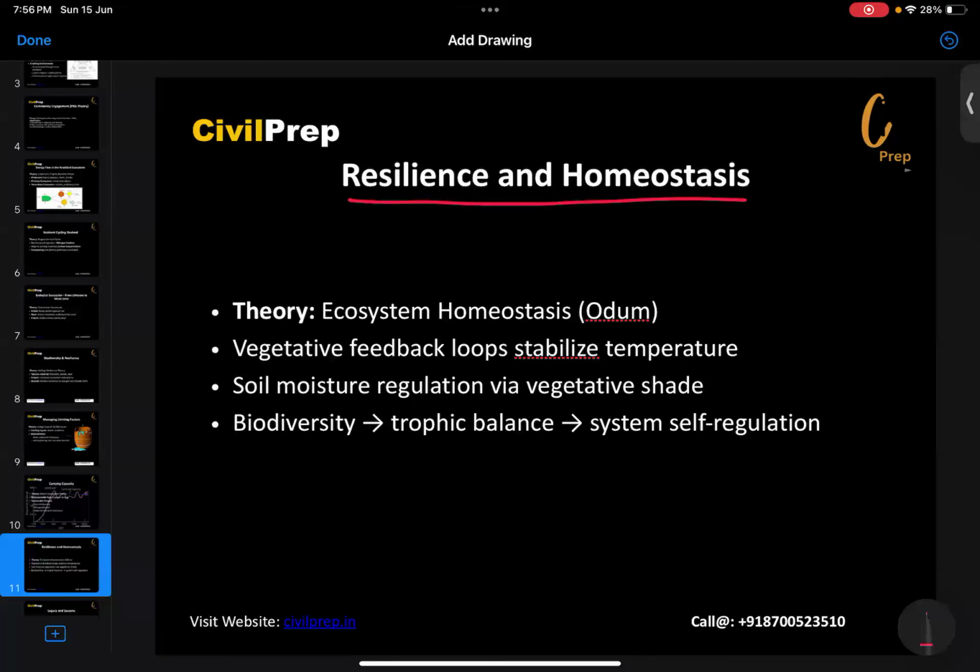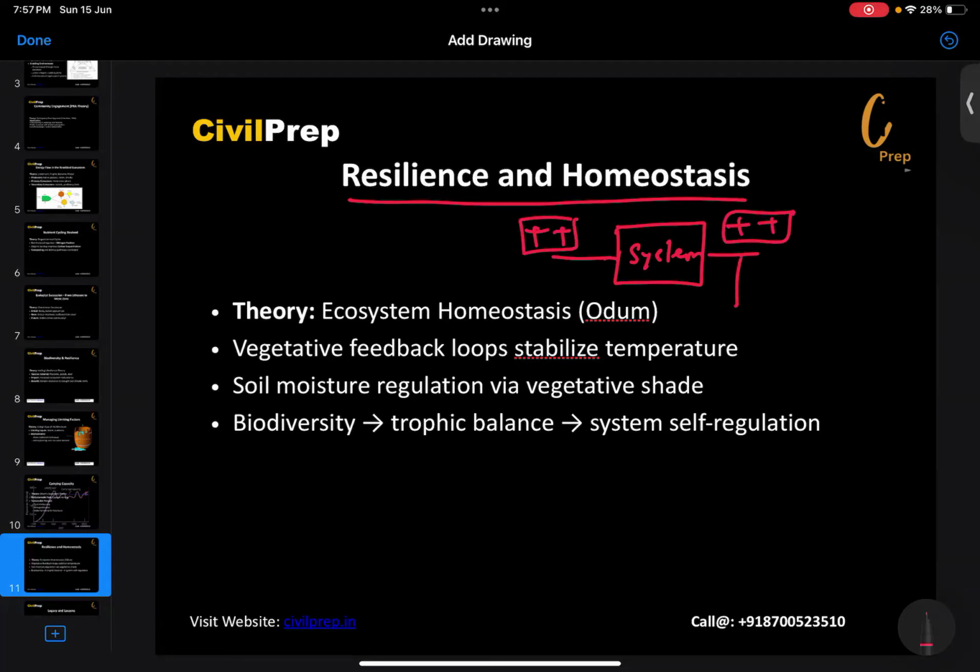Resilience we have seen previously. Homeostasis is a condition where the system, it can be a biodiverse system, a biological system, an atmospheric system, an oceanic system, any kind of system. Whenever a certain change is made in the system, it is reflected in its output also.